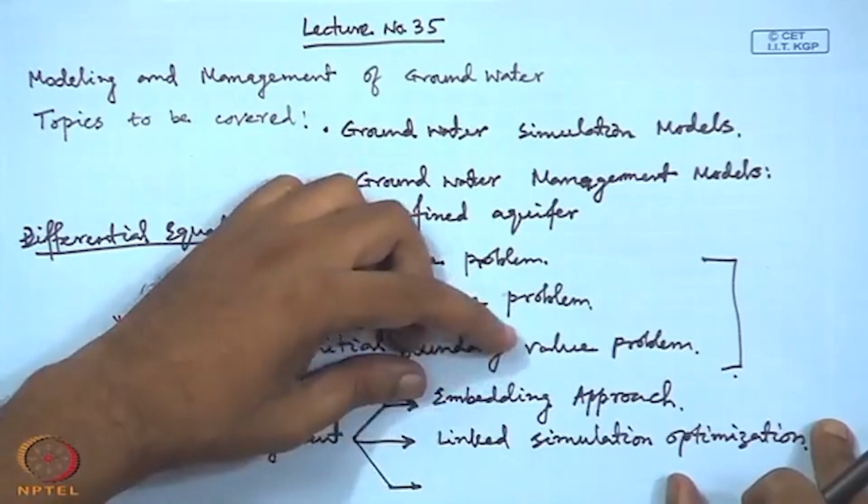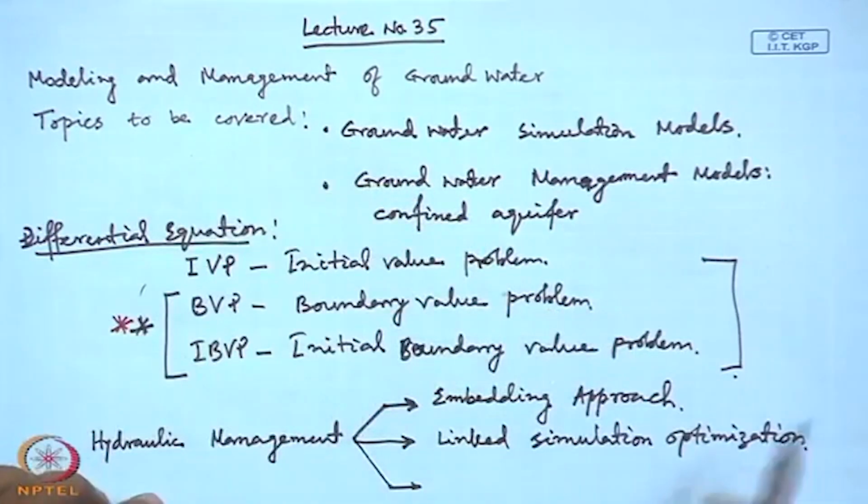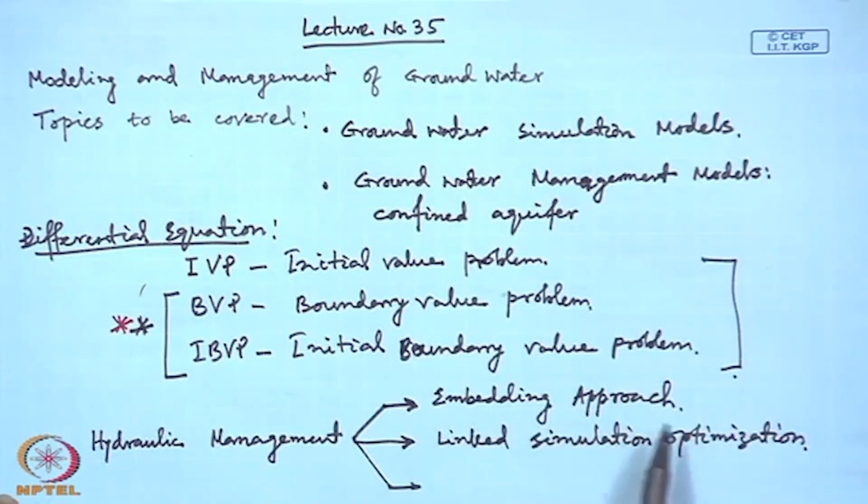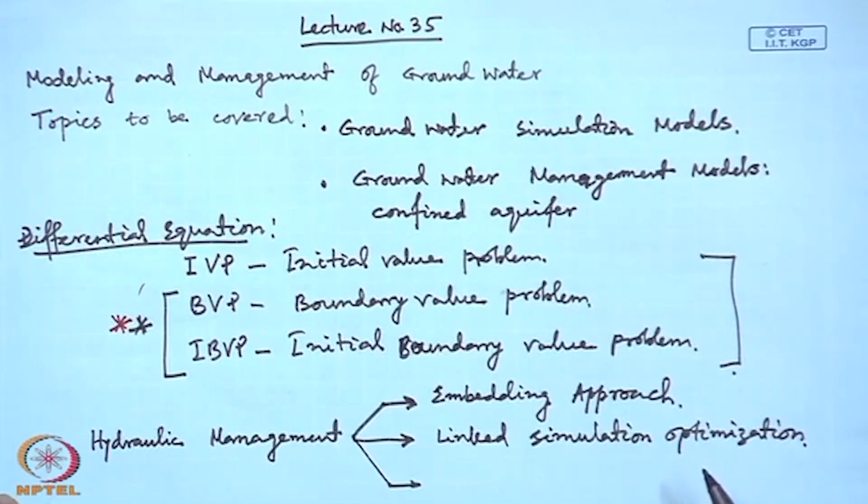So, in the first approach, the embedding approach, we generally write the equation in discretized form and directly use it in the decision models to get the results.